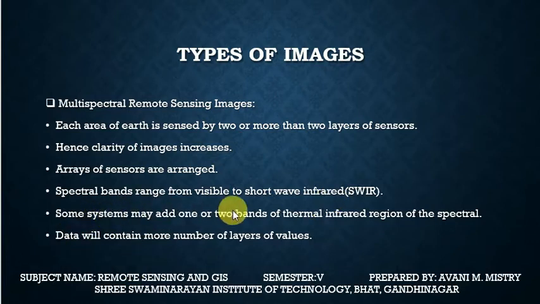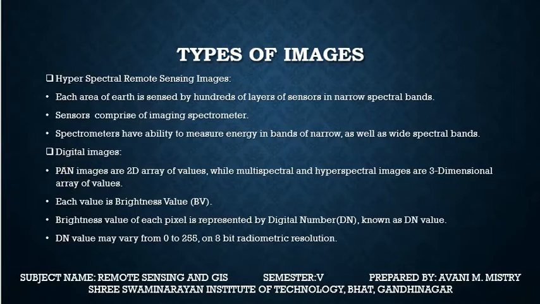That means what is the range of the spectral band? Spectral bands from visible to short wave infrared are covered in these remote sensing images. Some systems may add one or two bands of the thermal infrared region of the spectrum. Data will contain more layers of values.